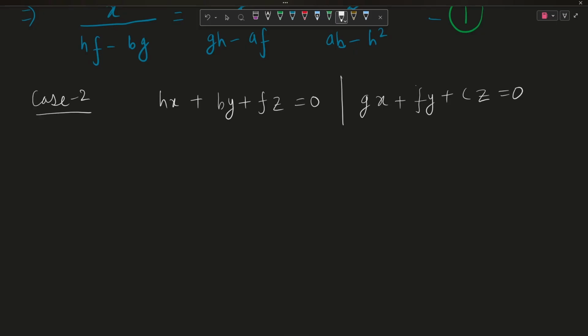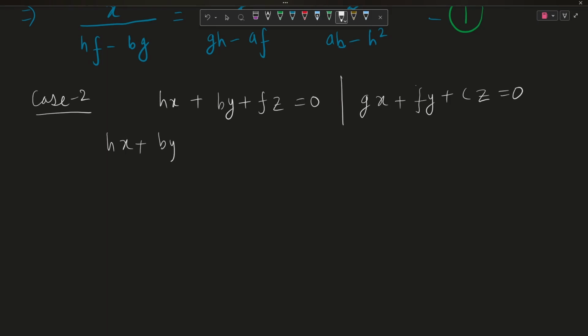So these two equations are there now. Again, the same method that we have done in case 1, we will be doing for case 2 as well. So it will become hx divided by any one variable, let's say z.